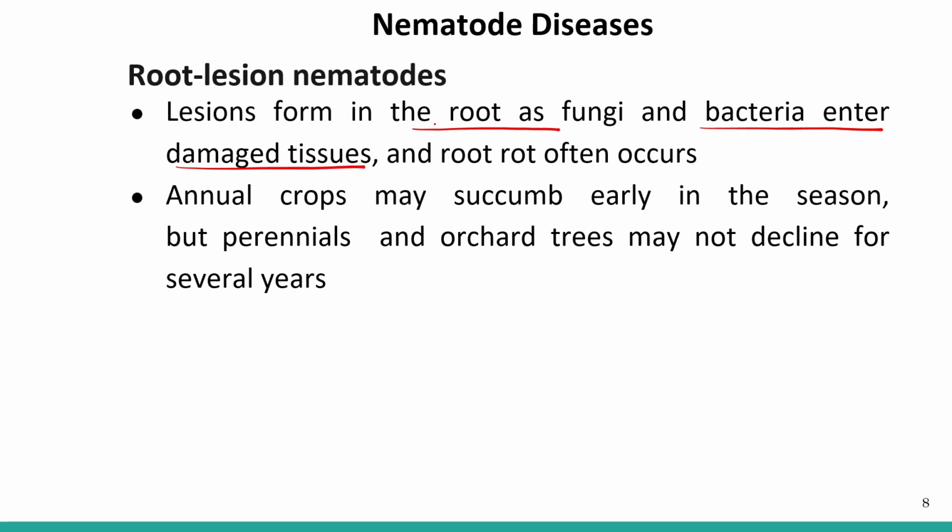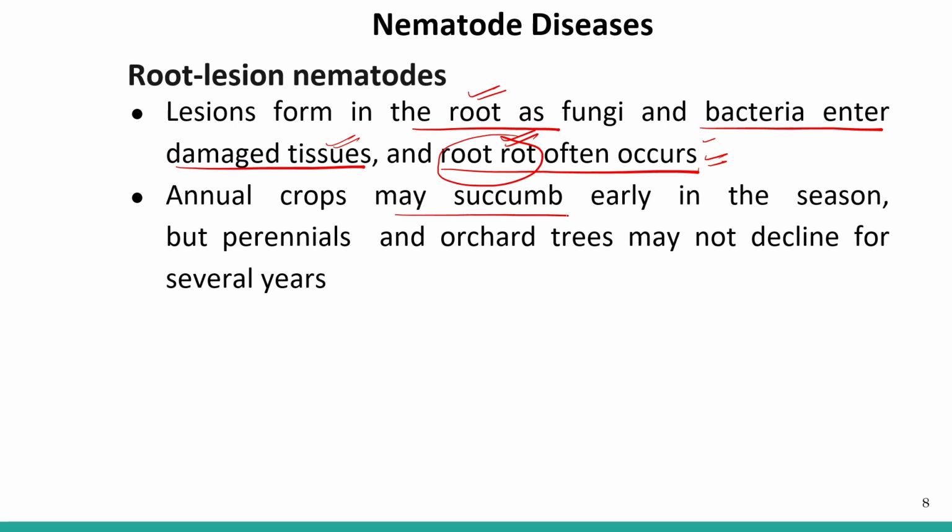So root rot often occurs. Actually, the whole root gets destroyed, and when the root is destroyed, the plant dies off. So the lesions in the roots invite fungi and bacteria present in the soil, which cause damaged tissue, and through the damaged tissue root rot often occurs.